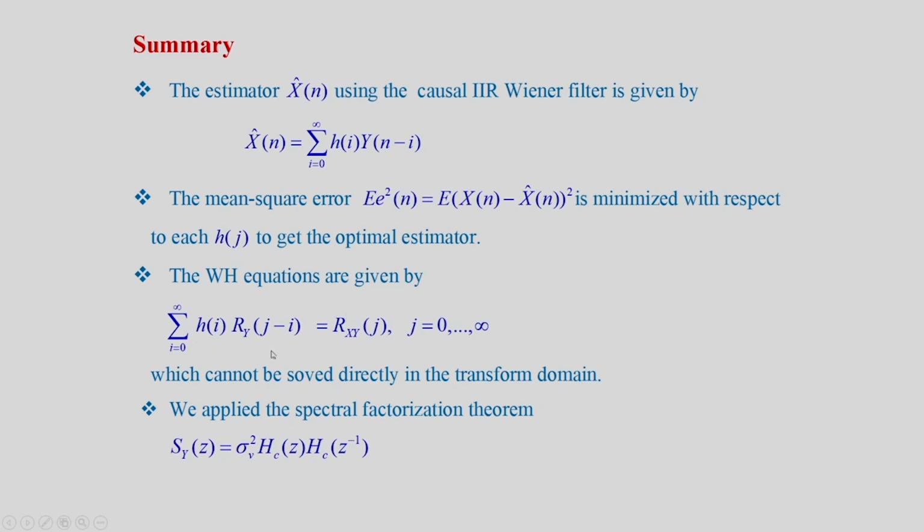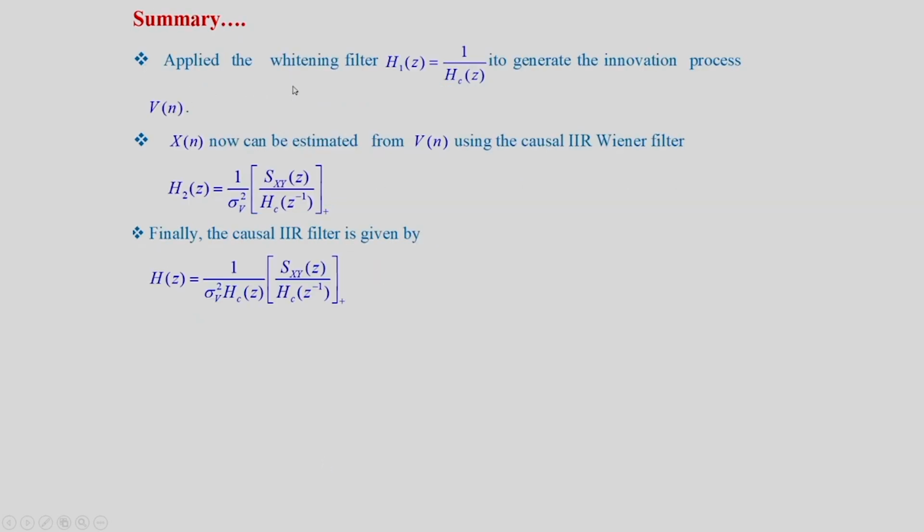And this set of Wiener-Hopf equations cannot be solved directly in the transform domain. Therefore, we applied the spectral factorization theorem: Syz is equal to sigma v square into Hcz into Hc z inverse. Then we applied the whitening filter H1z equal to 1 by Hcz to generate the innovation process Vn.